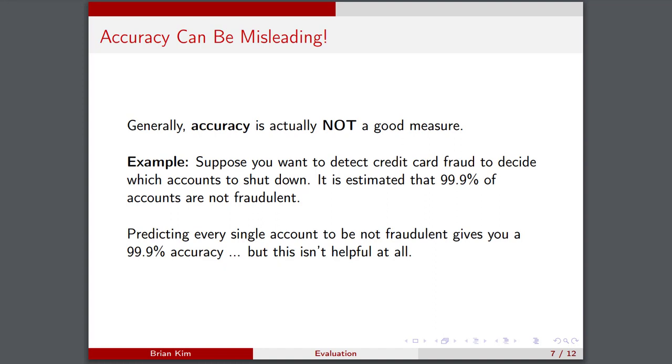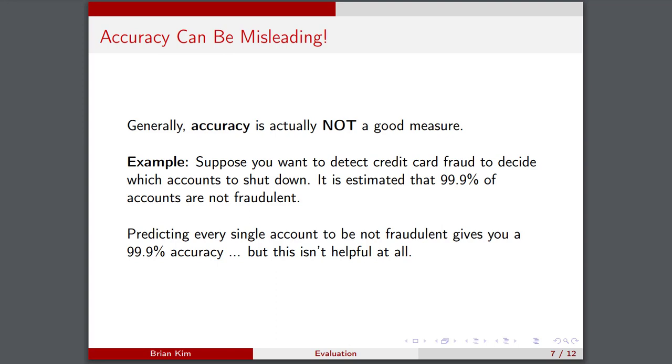Now, what happens if you predict every single account to be not fraudulent? Well, since 99.9% of them aren't fraudulent, you get 99.9% accuracy. But this isn't helpful at all, right? We're just predicting everything to be not fraudulent. We have a really good accuracy, but this doesn't give you anything, right?